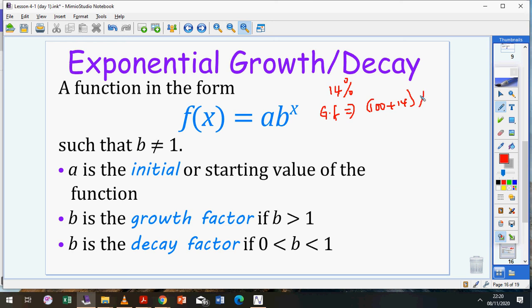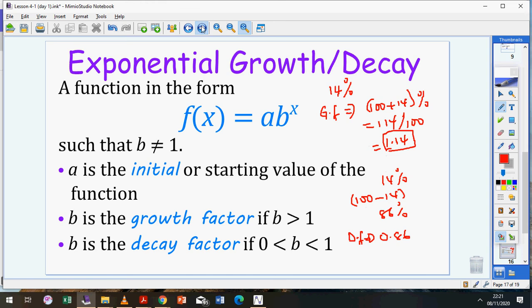When you add that, you get 114%, and then to get the growth factor, you change it to decimal by dividing by 100, which is 1.14. So your growth factor would be 1.14. And the opposite is true. If something was decreasing at a rate of 14%, then since it's decreasing, you subtract it: 100 minus 14% gives you 86%, which when you change to decimal is 0.86. So this will be a decay factor.